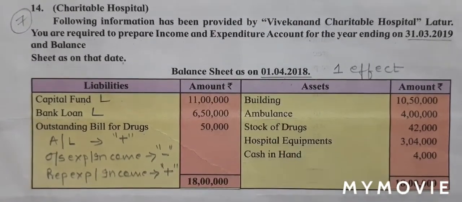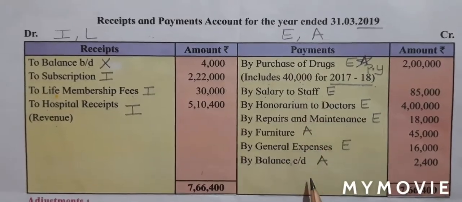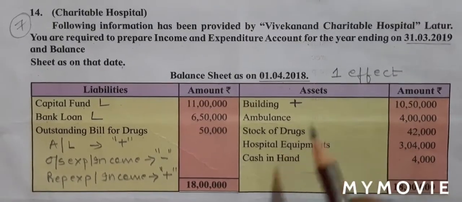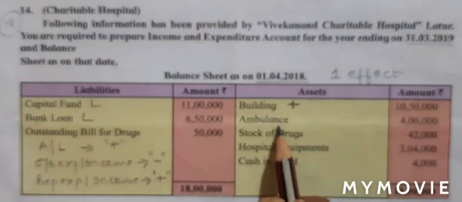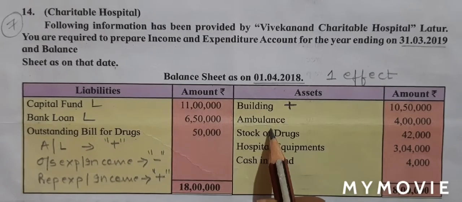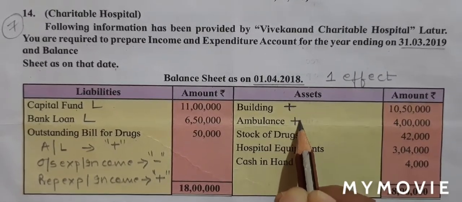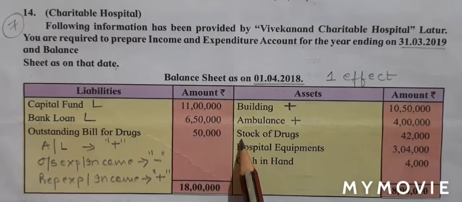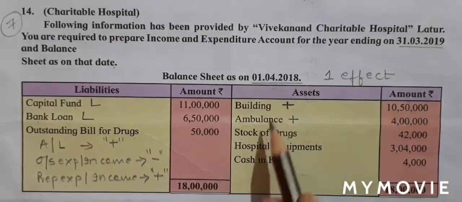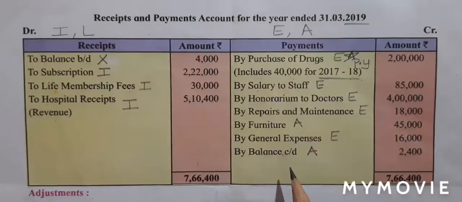Building. Let's have a look. So on the payment side, I do not have building, which means I will put a plus sign. Next is ambulance. We have already gone to our payment side. We know there is no ambulance, which means we will also have to add ambulance. Next is stock of drugs. This is nothing but my opening stock of drugs, and I have drugs on the payment side.